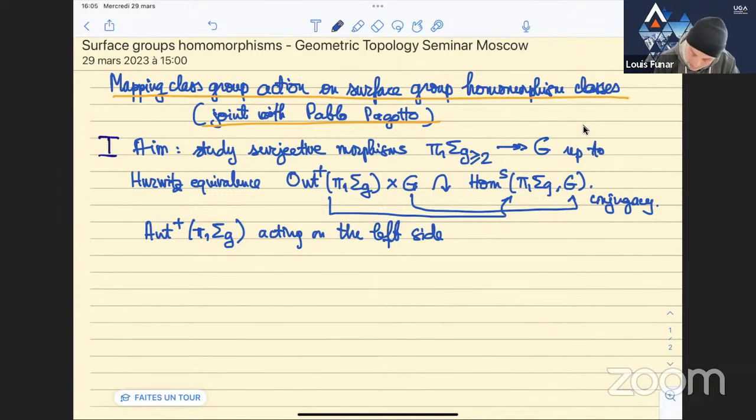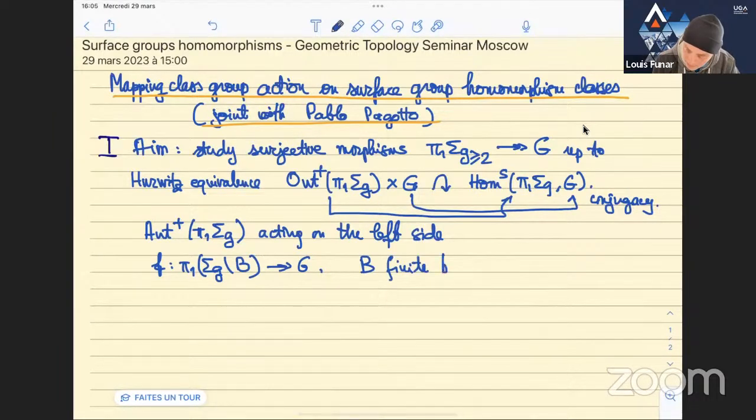In this case, I looked instead at homomorphisms from pi1 of sigma g minus a finite set of points into G. So B is a finite branch set. And we can do similar things, but there are loops around these points. I'm fixing some base point here.